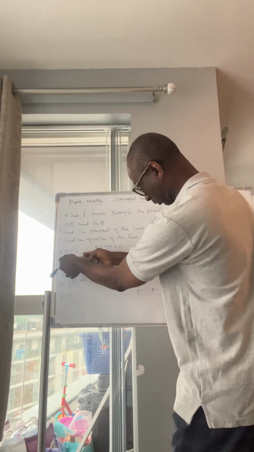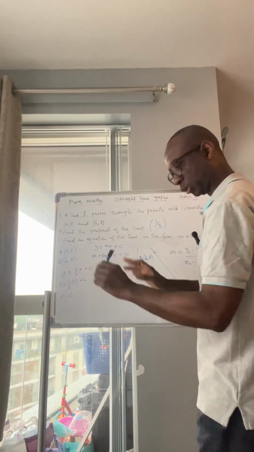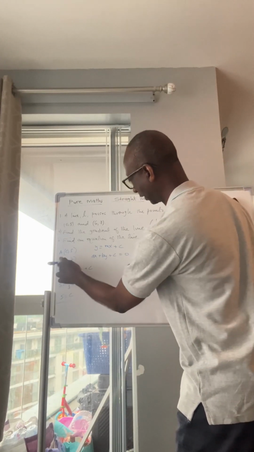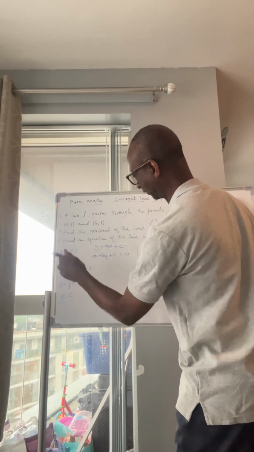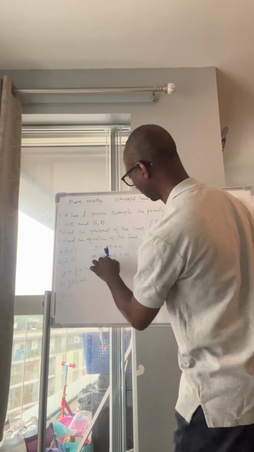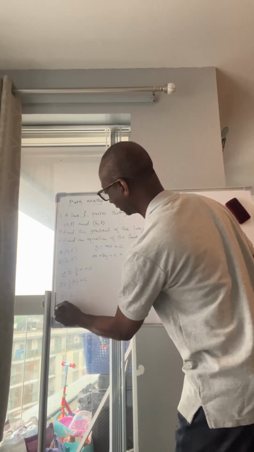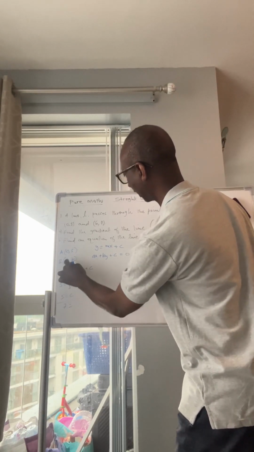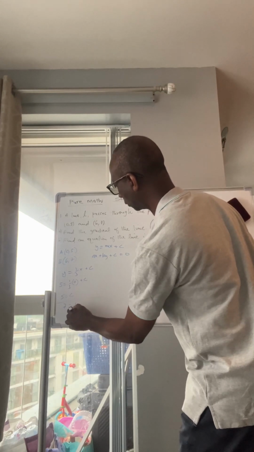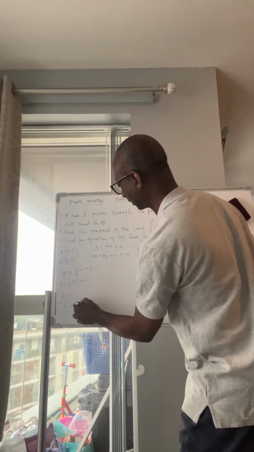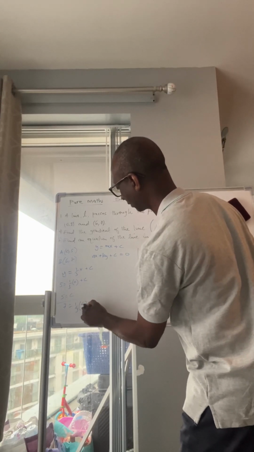So let's use the second point here just to verify. The second point says when x is 6, y is 7. So therefore, we use the same equation, y equals mx plus c. So you have y is 7, x is 6, and we know the gradient here is 1/3, so 1/3 times 6 plus c.